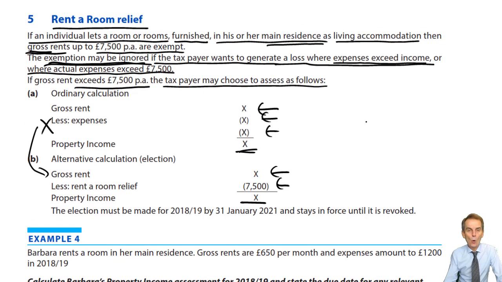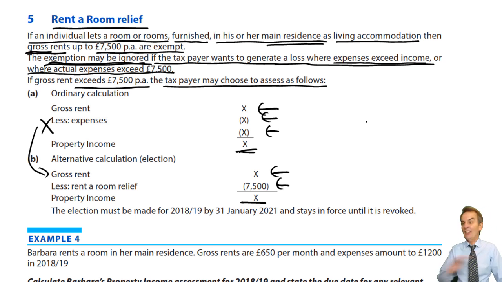If your income is less than £7,500, then that is exempt, and that rent-a-room relief will apply automatically. You are exempt if your gross rentals do not exceed £7,500. However, if those gross rentals don't exceed £7,500, you can disapply this rule.